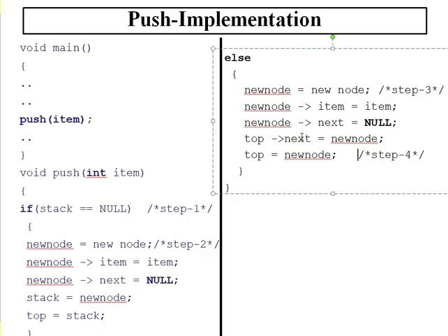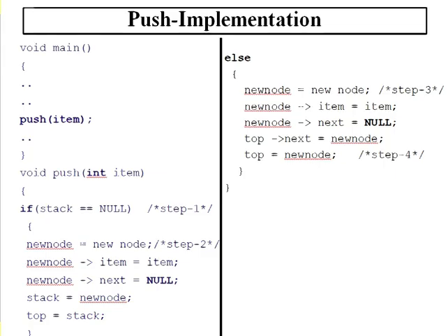The only thing that we should change is top next is equal to the new node, because in this part we are considering that the stack already has some nodes. So the topmost node will take the new node as its next node, and the new node will be the topmost. That's why we are assigning the top pointer the new node. So this is the way we can implement the push operation.